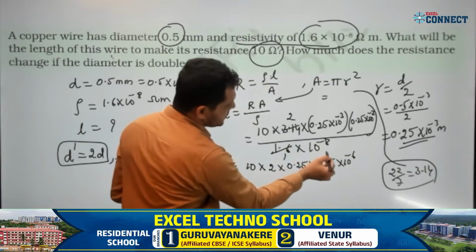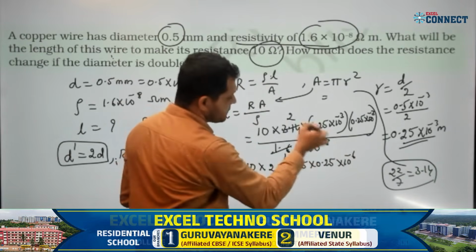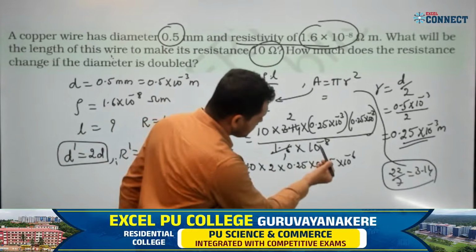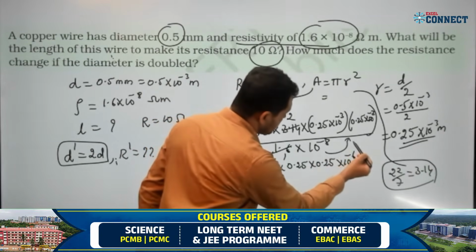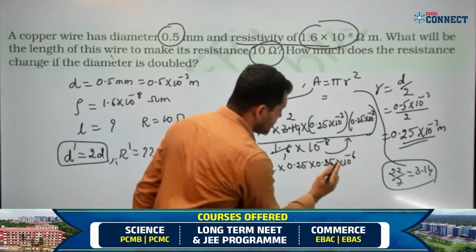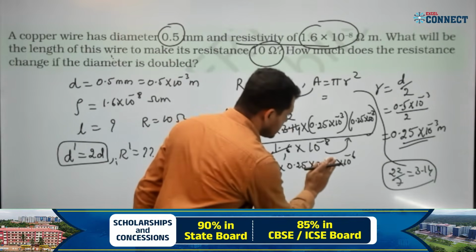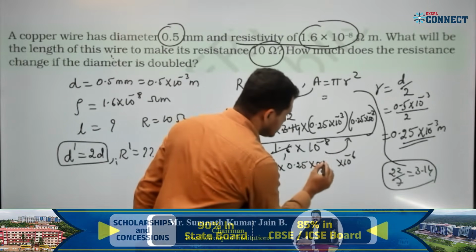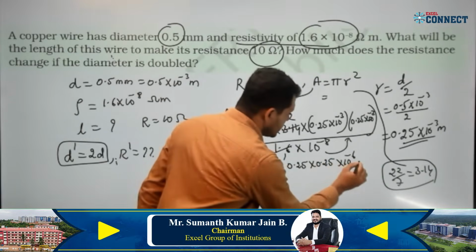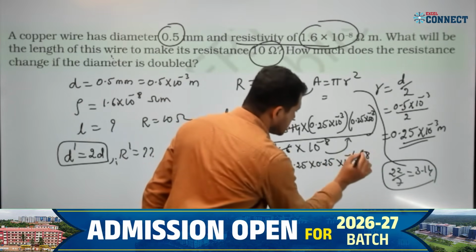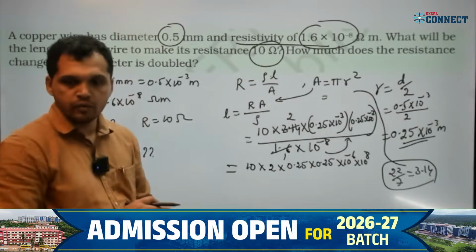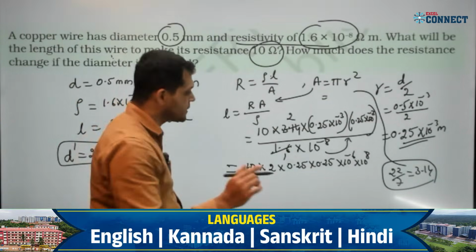And in the denominator we have 10 power minus 8. If you take this minus 8 to the numerator, we get plus 8, 10 power plus 8. The denominator vanishes. Correct? Now you get the answer easily.